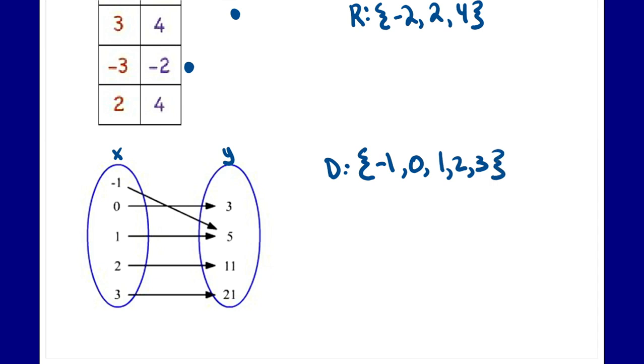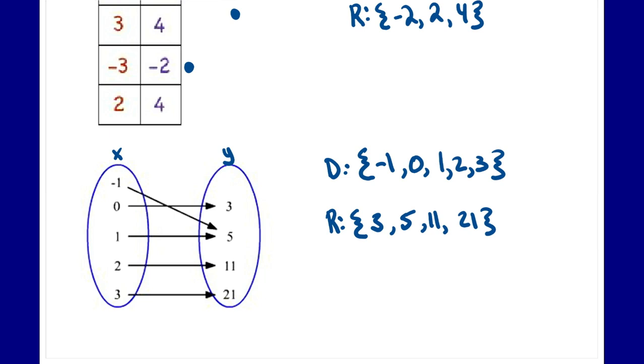Those are the only values that x could take. So our domain is only those 5 possible values. For range, same idea. I'm just going to list the possible values: 3, 5, 11, 21. Those are the only possible values that y can take for this relation.